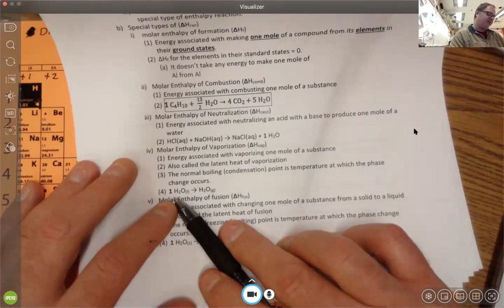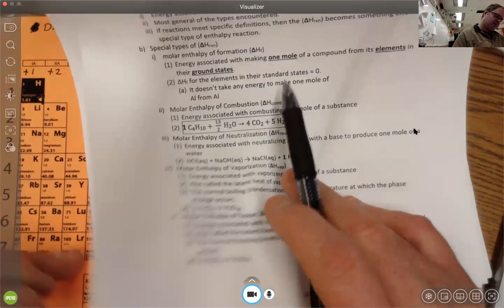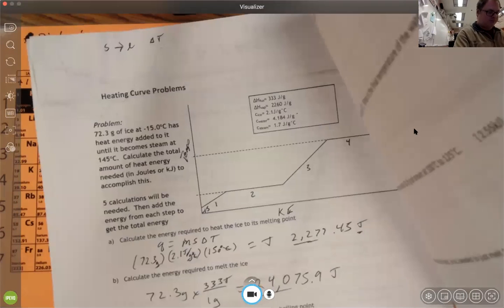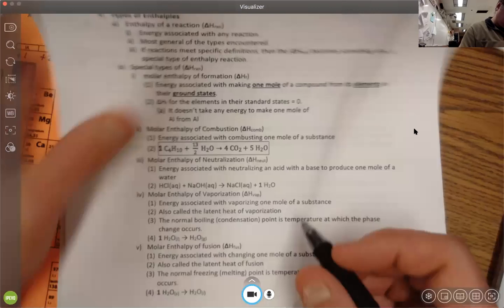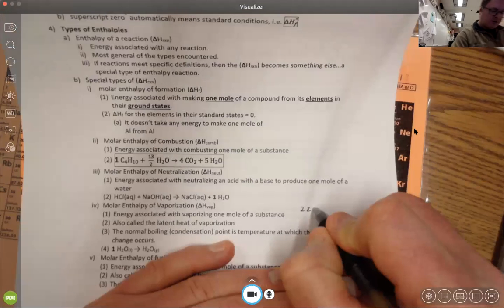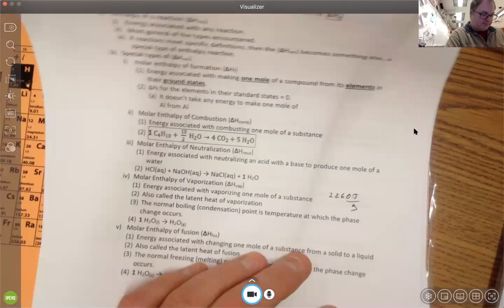So we've got that for water, and it was 2,260 joules per gram. How could we figure out how many joules per mole this is?